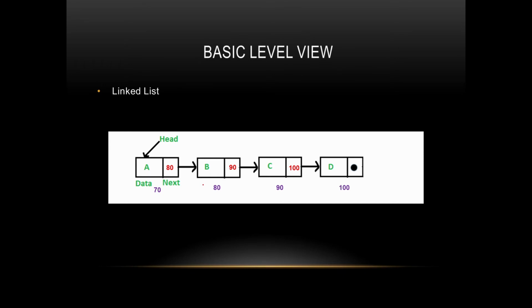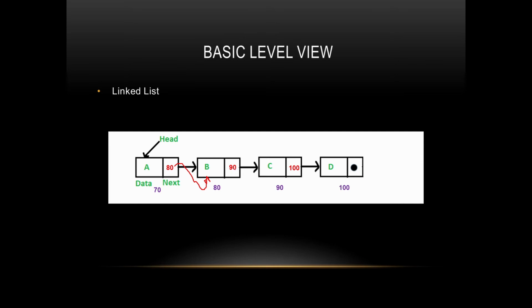And how can we link it? We can put the address of the next node in this next part. So now whenever the compiler hits the next, it can see there is an address, so it will point directly to this address. At this address there is B, so it will point directly there.